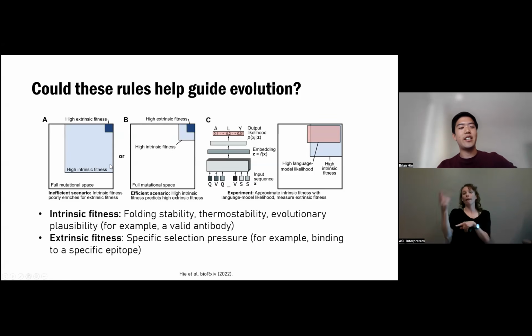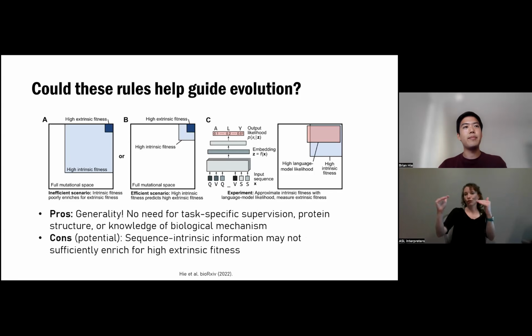There's another scenario in which you're just looking at high intrinsic fitness, and that specific selection pressure, high extrinsic fitness, is so rare that intrinsic fitness is not a good prior for extrinsic fitness, and you won't be able to enrich substantially for it.